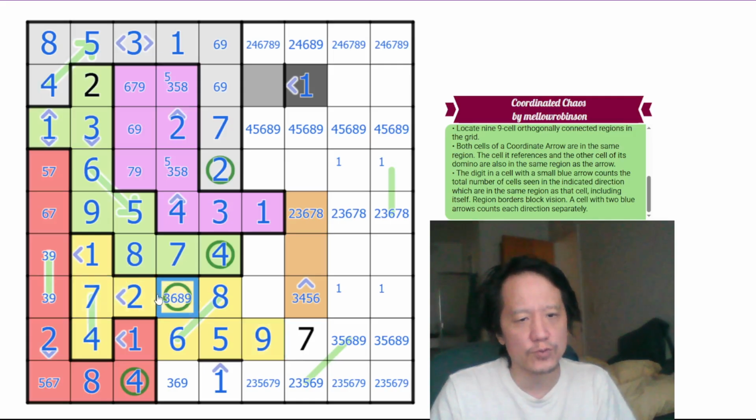And this is the full region, so this is 3. So row 7, column 4 points to this cell. Row 8, column 6 points to this cell. So the yellow region is done.